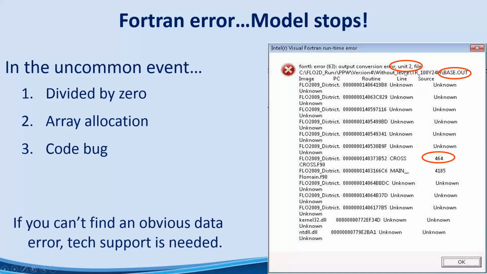And it says that the output error is in unit 2, the base.out file, and it's encountered with this particular cross-section subroutine on this particular line. So there's nothing you can do about this. It's a code problem. You send me this, and we'll go over the model with a fine-tooth comb and help you to identify the error.